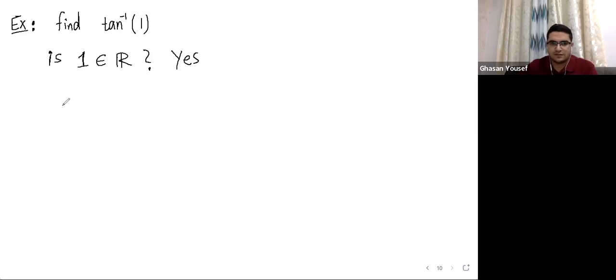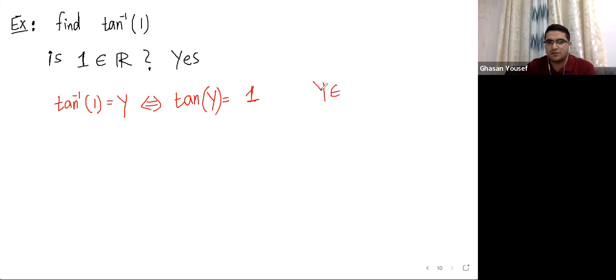Second question, tan inverse of 1 equals y. Take the tan of both sides. So tan of y equals 1. Now my question is, the y here must belong to the range.